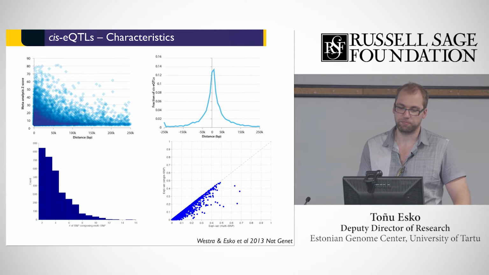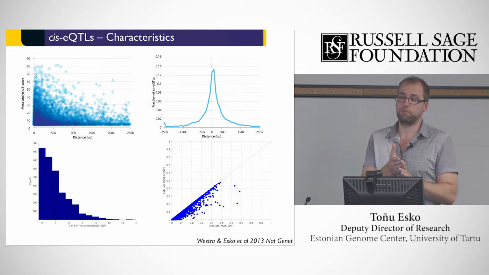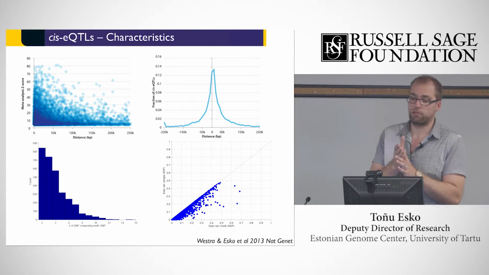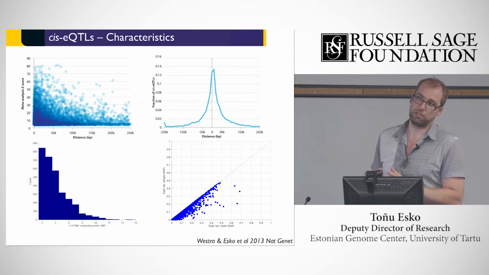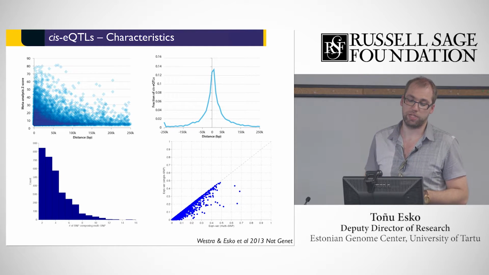So if you are measuring a phenotype that is biologically so close to your genotype, and with that I mean that if you have, for example, a SNP within this regulatory region binding site, it has a direct effect on how abundantly the gene will be expressed.